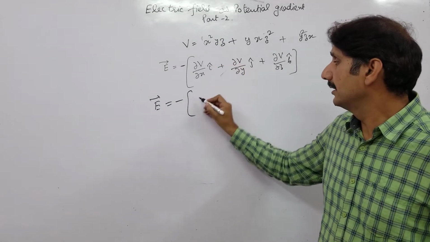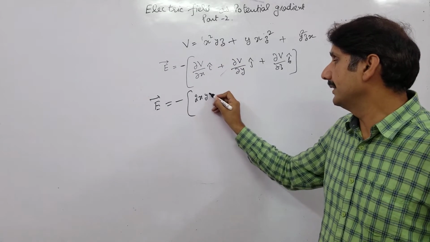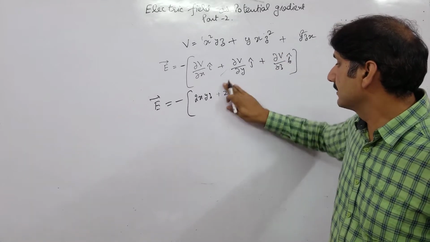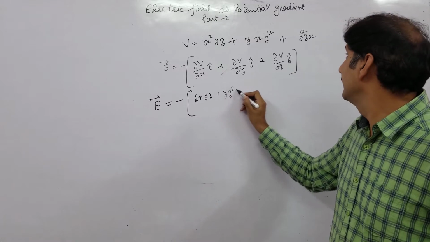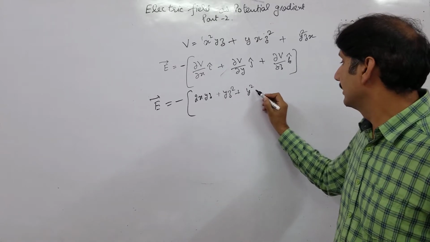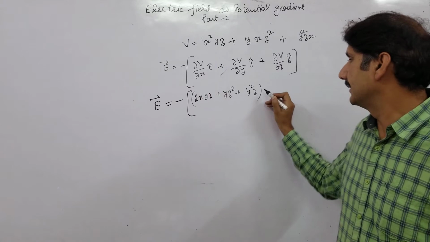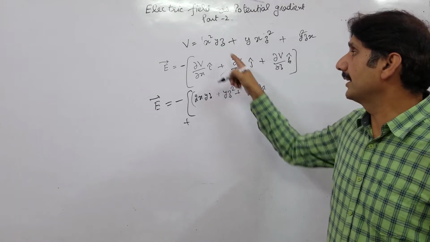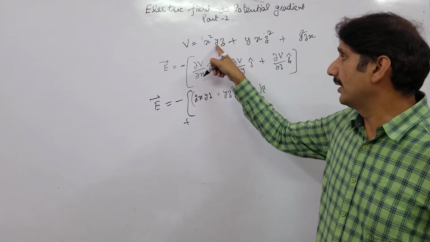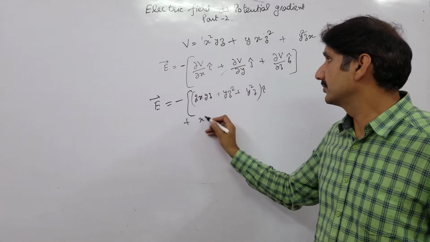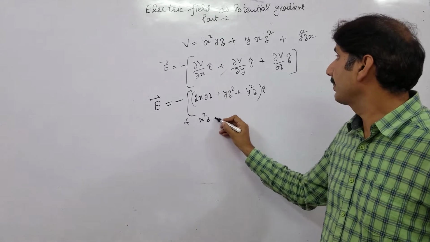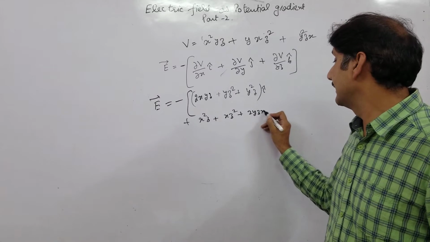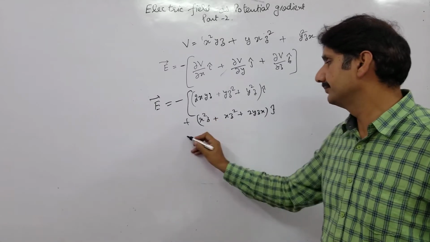So it becomes 2xyz, and this becomes yz square, and that becomes again y square z, I cap, plus you have got now curly V by curly y. Differentiate with respect to y, assume x and z to be constant, so it becomes x square z plus xz square plus 2yzx, j cap.